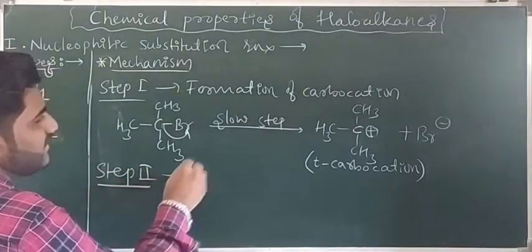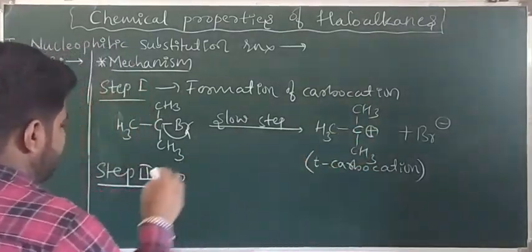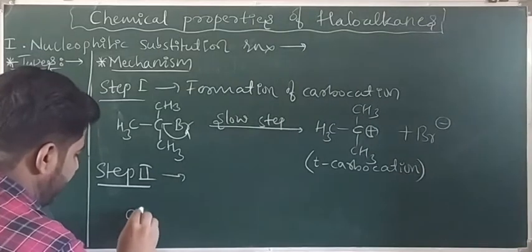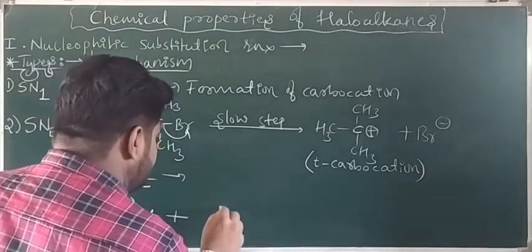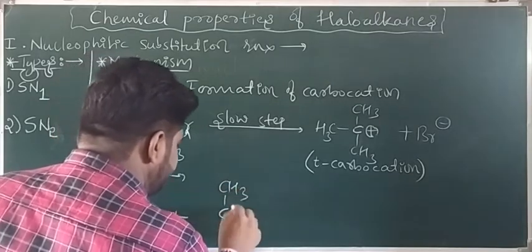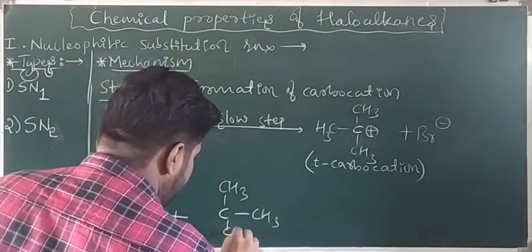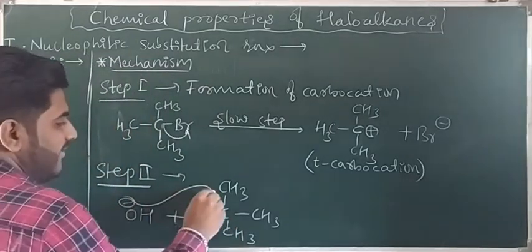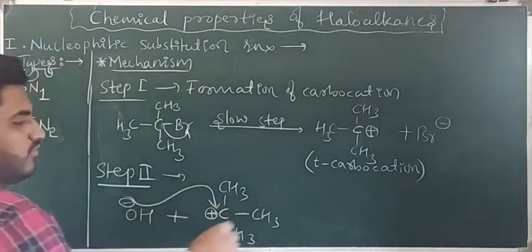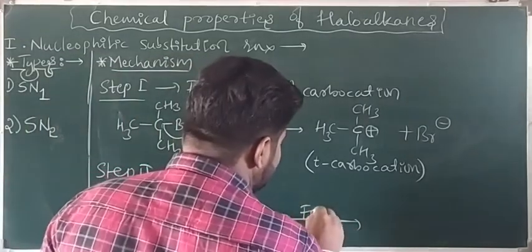When we take this carbocation, the nucleophile OH minus attacks it. This is the tertiary carbocation with positive charge. So this nucleophile will attach to the carbocation to form the product. This is a very fast step.